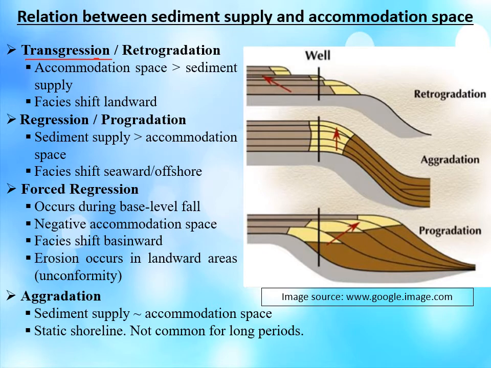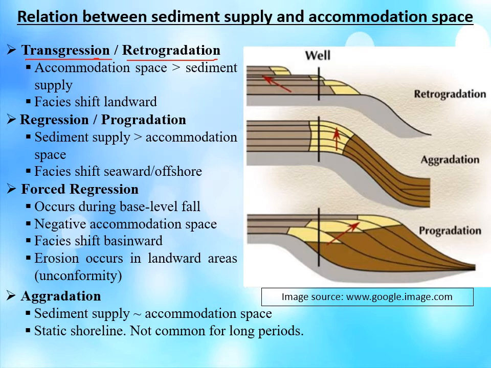Retrogradation and progradation, these two terms are considered with respect to shoreline movement. When the shoreline shifts towards land, that means more water body is there, so more land area is now inundated with that increased amount of water, then it is called retrogradation. That means your shoreline is retreating towards more land.